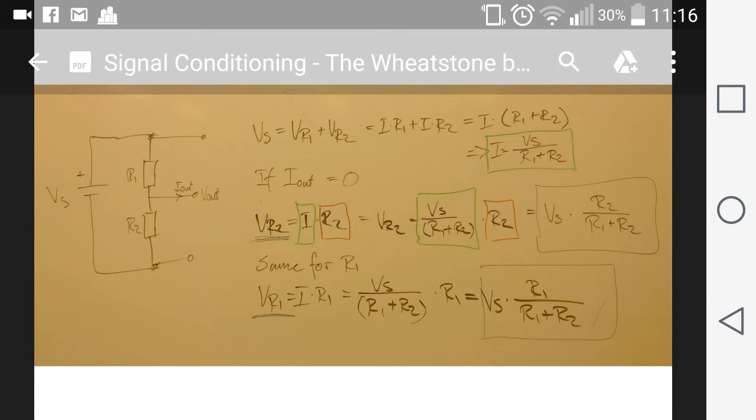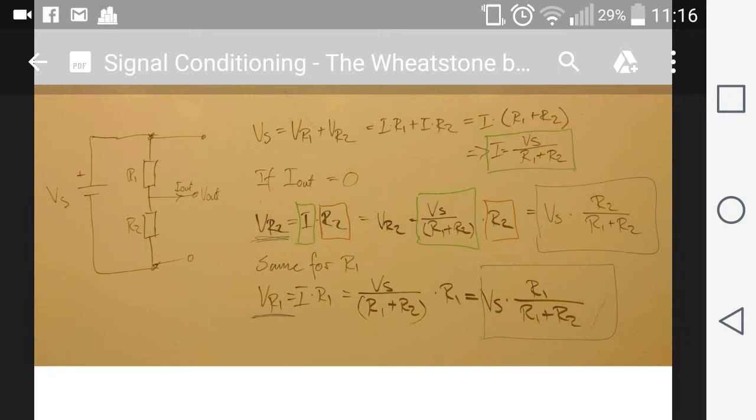Or if we rewrite it again a little bit, we get that the source voltage times the ratio of R2 divided by the sum of R1 and R2 should give you the voltage drop over R2. We can apply the same method to get the voltage drop over R1, and we end up with an equation that says that the source voltage times the ratio of R1 divided by R1 plus R2 should give you the voltage drop over the resistor R1.